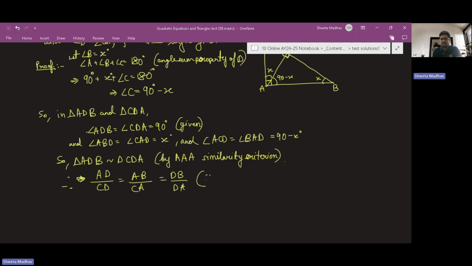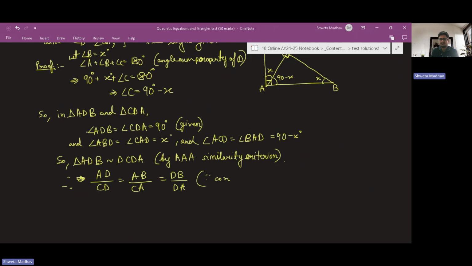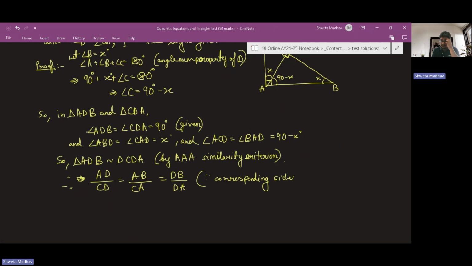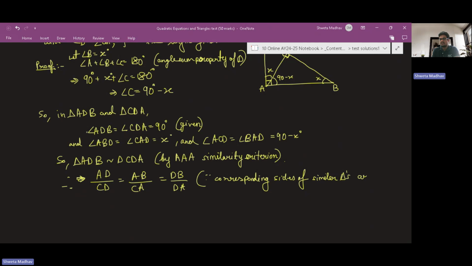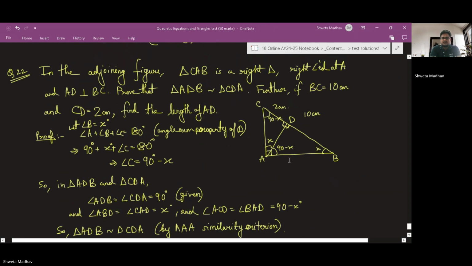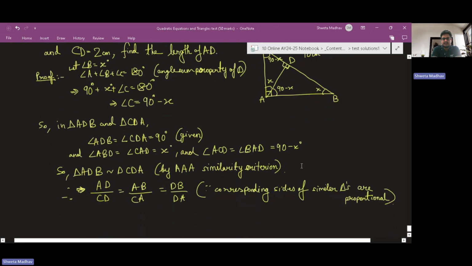The reason is that the corresponding sides of similar triangles are proportional.